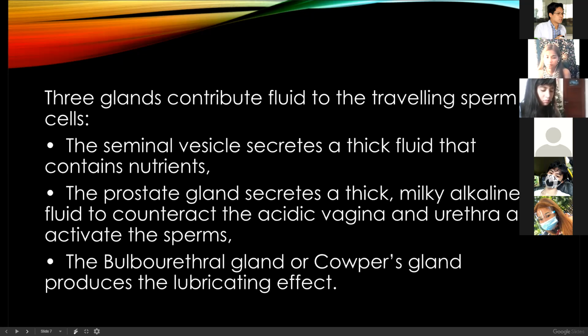So the acidity of the vagina can actually kill the sperms all throughout the traveling time. That is why they need to be protected by the prostate gland secretion. The bulbourethral gland or Cowper's gland produces the lubricating effect in order for the sperm to swim. Again, seminal vesicle, prostate gland, and bulbourethral gland or Cowper's gland.